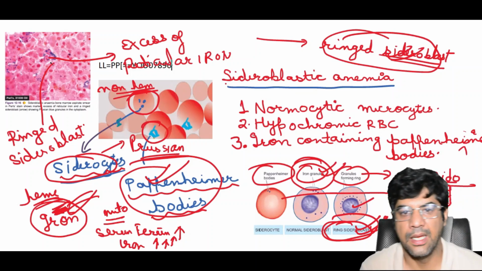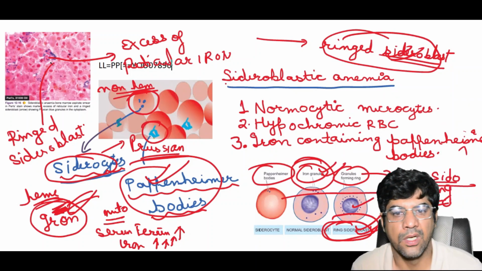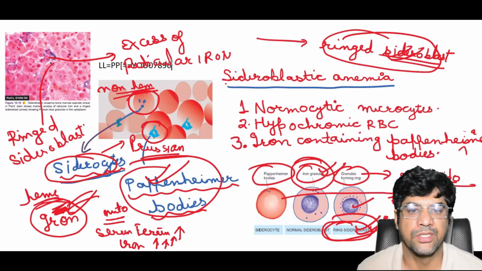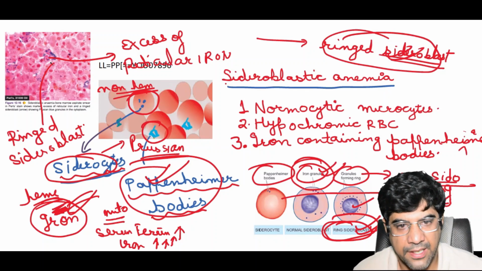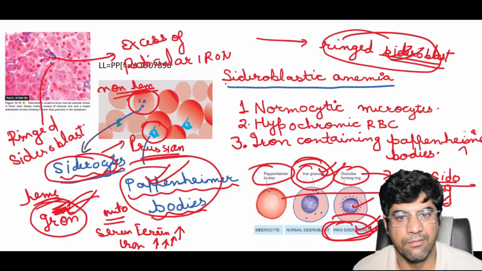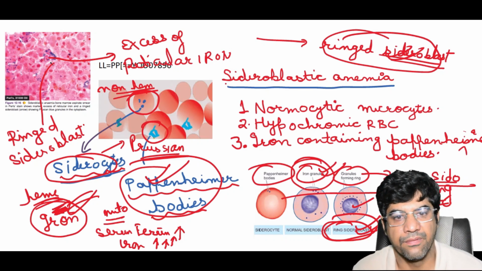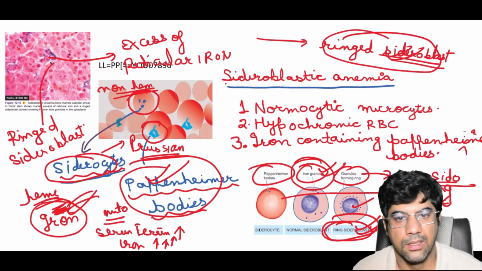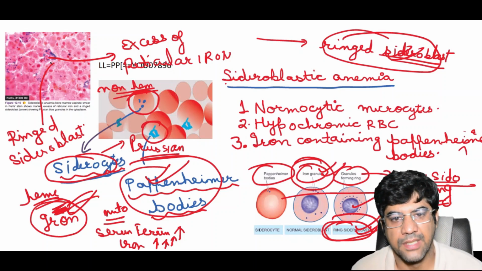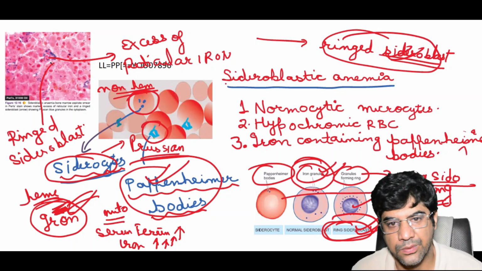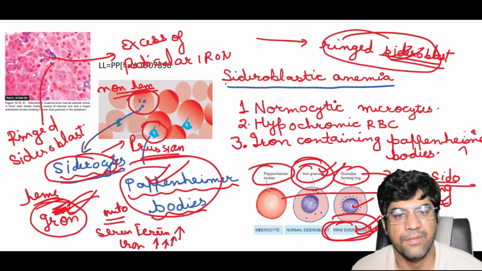This heme synthesis defect leads to ineffective maturation of red blood cells, resulting in production of abnormal red blood cells that would not function properly. So you will see Pappenheimer bodies. These are the iron-containing granules visible within red blood cells.